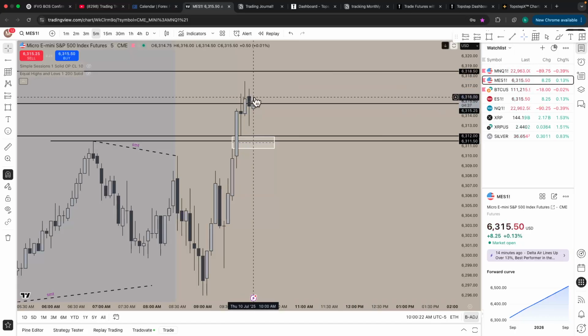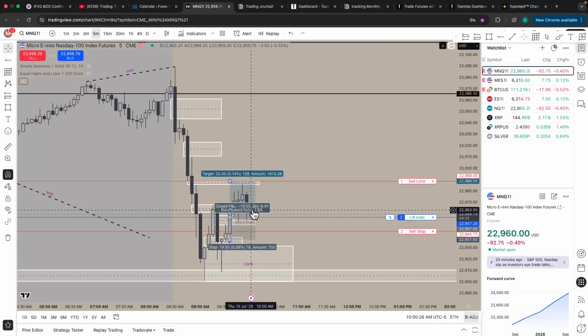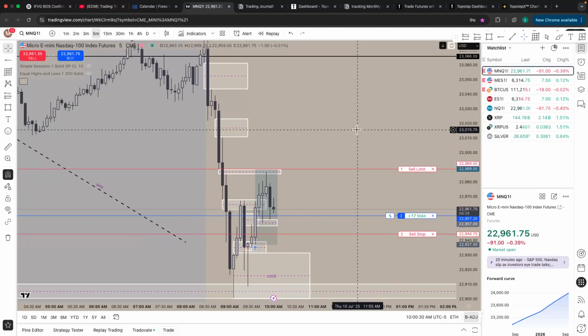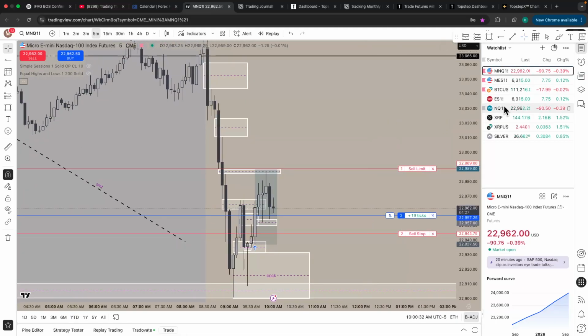I want to see this candle come all the way up to here, because that means this candle comes all the way up to here. Alright? We could get an SMT though. Oh, fuck.